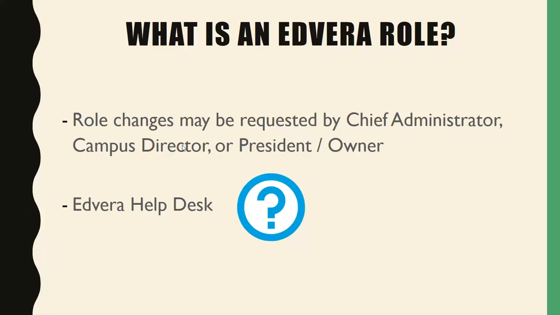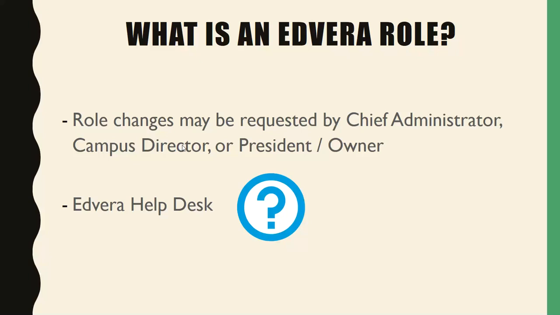So you would just click that blue support button, identify yourself, and identify the person who needs a system role and which level of access that they need, or identify the person who is no longer with the school or no longer has that particular role, and we will take them out of the EDvera role list.